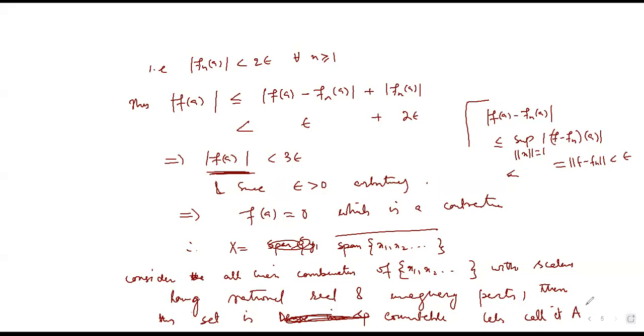So A closure is equal to span of x1, x2, so on and so forth. ठीक है ना? So A closure is span of this thing.